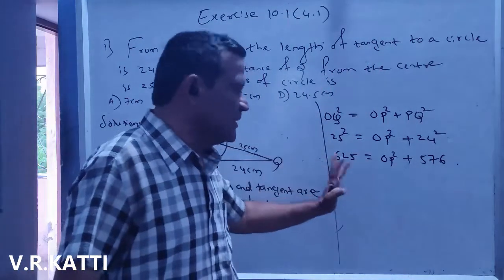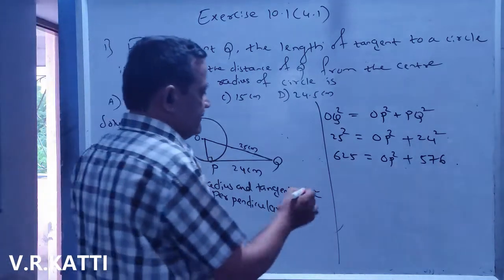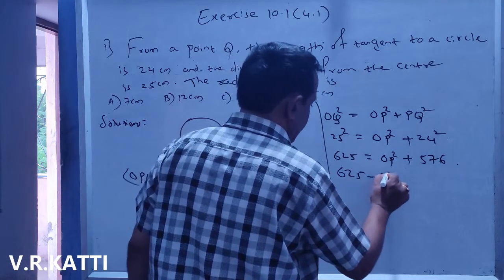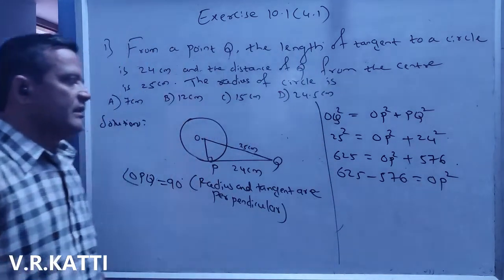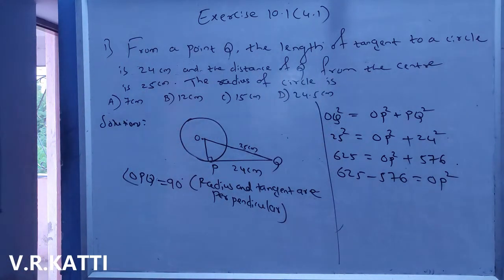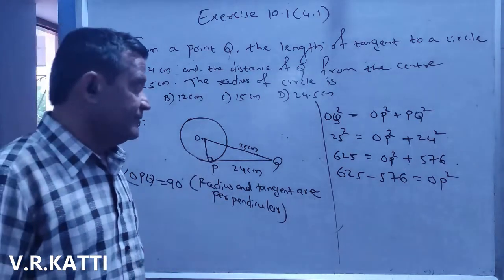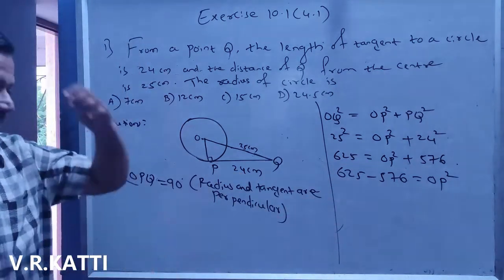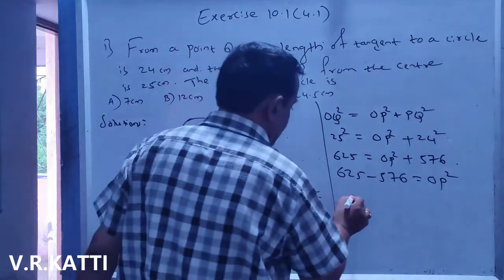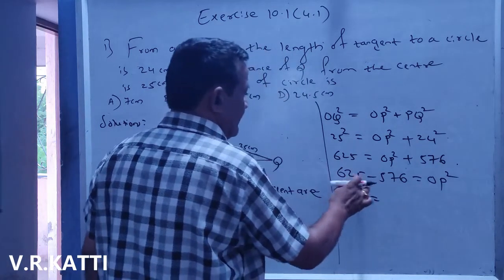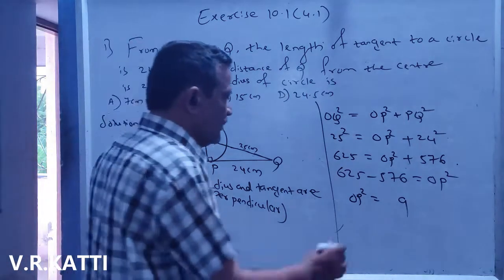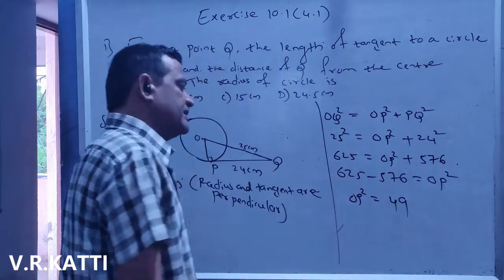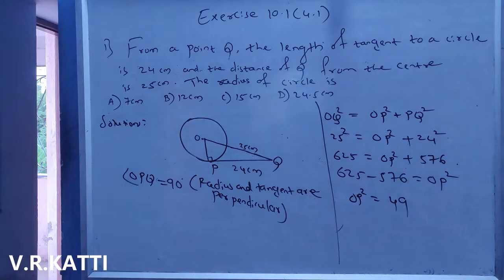Now bring 576 to the LHS. 625 minus 576 equals OP square. Now subtract. 15 minus 6 is 9, carry 1. 12 minus 8 is 4, carry 1. 6 minus 6 is 0. So OP square is 49.